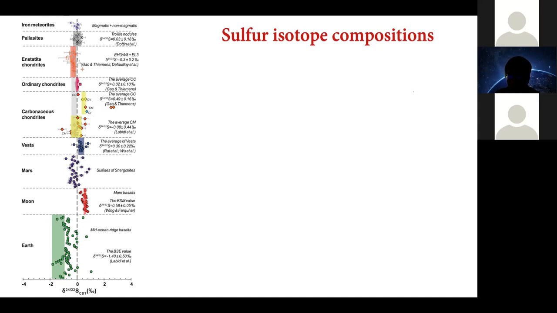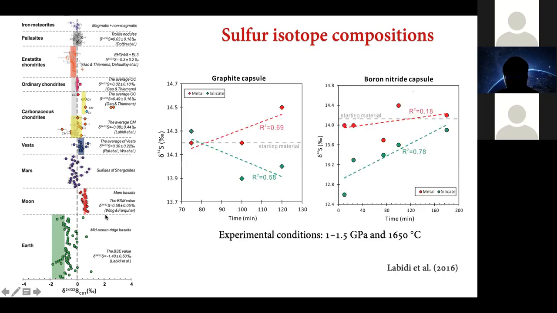The lunar mantle is enriched in heavy sulfur isotope relative to the bulk silicate Earth. Labidi et al. argue that the core-mantle differentiation, rather than a late veneer, was responsible for the sub-chondritic sulfur isotope composition of the BSE.